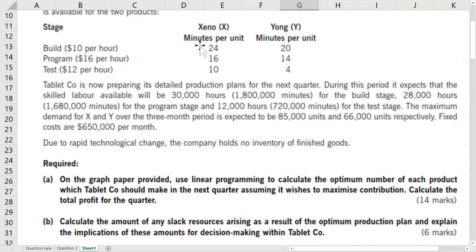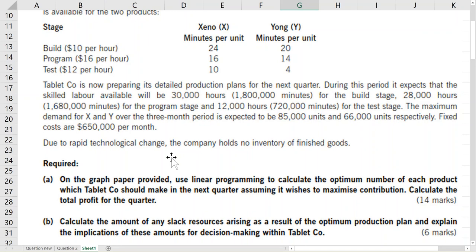We have the minutes per unit for each product, and then the cost per unit of each stage, the build stage, program stage, and test stage. So data for each stage and each product. Tablet Co is now preparing its detailed production plan for next quarter. During this period, it expects the skilled labor hours available will be 30,000 hours, which is 1.8 million minutes, for build stage; 28,000 hours, which is 1.6 million minutes, for program stage; and 20,000 hours, which is 1.2 million minutes, for test stage.